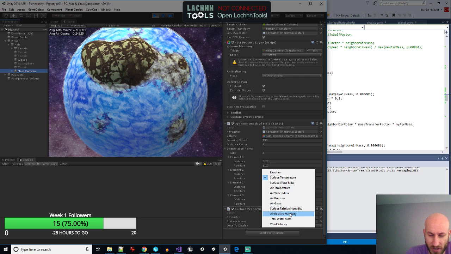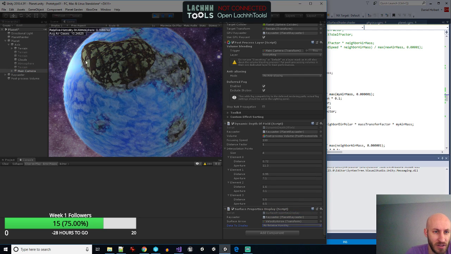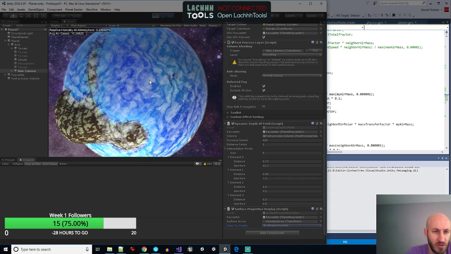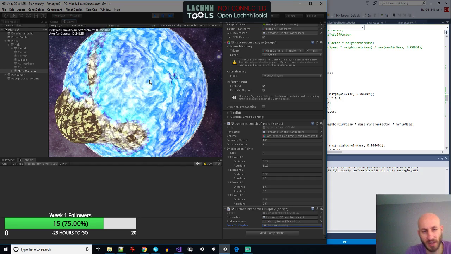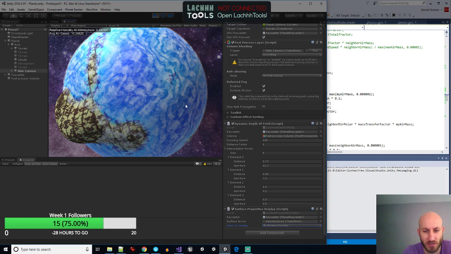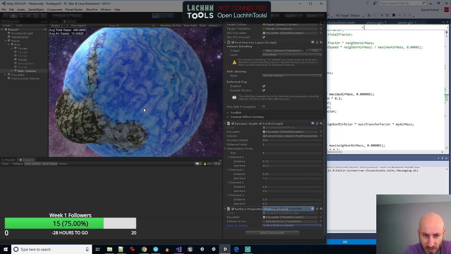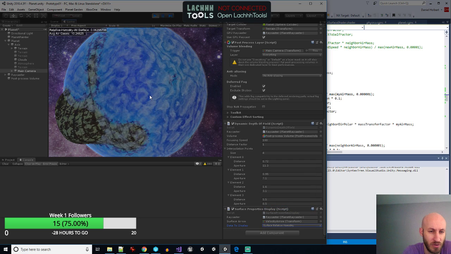If I look at the air relative humidity, it's only like 0.23, but as it rises up through the atmosphere, it can still generate clouds. At the surface, it's also pretty low.